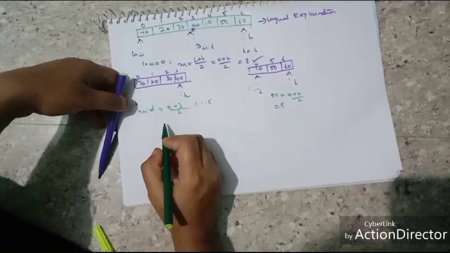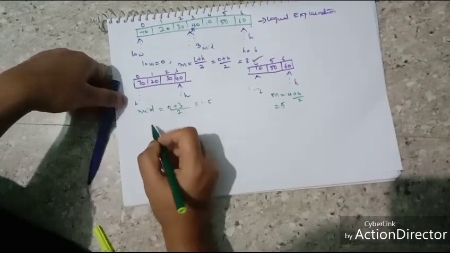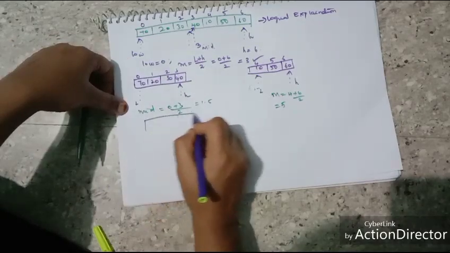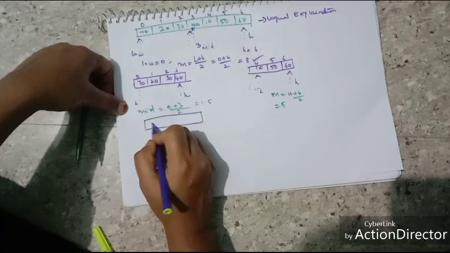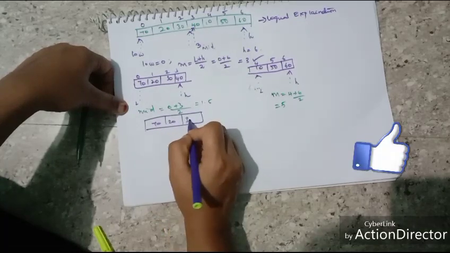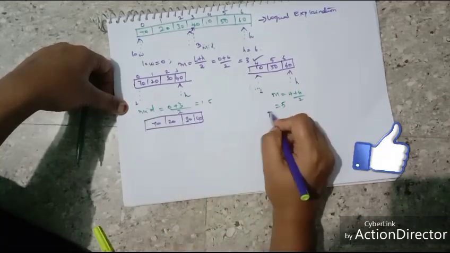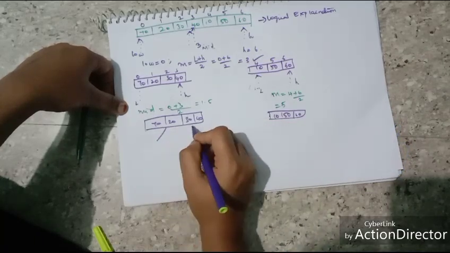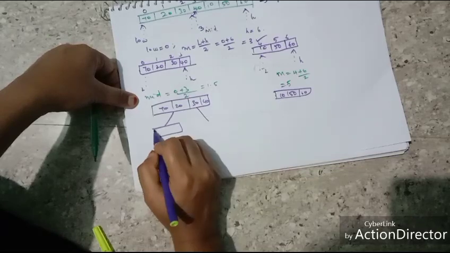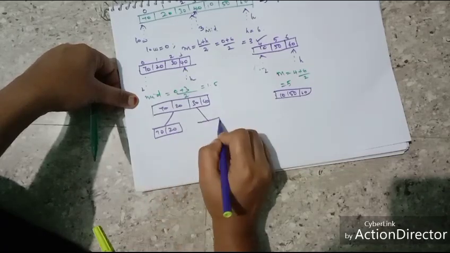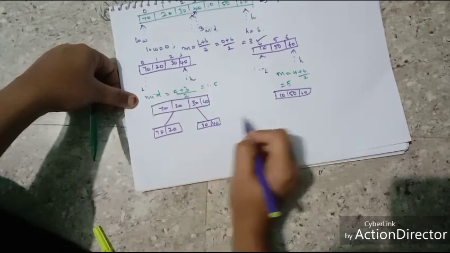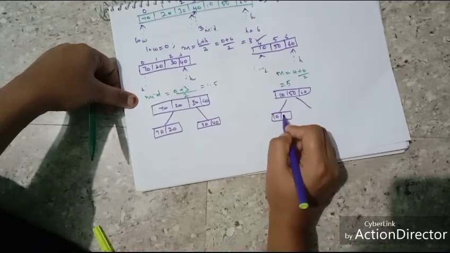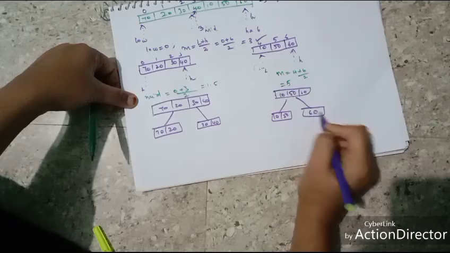Then we just divide these problems: 70, 20, 30, 40, 10, 50 and 60. The sub problems are 70, 20, 30, 40, and here 10, 50, and here 60.